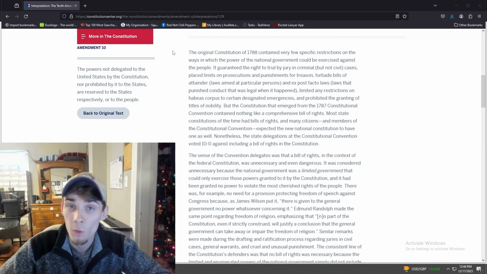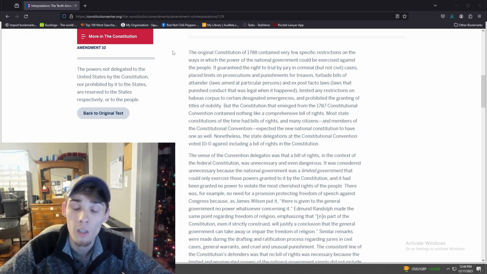We will amend the Constitution to include a Bill of Rights. The opponents of the Constitution agreed to that, and they were able to ratify the Constitution, and later the first 10 amendments came to include the Bill of Rights.